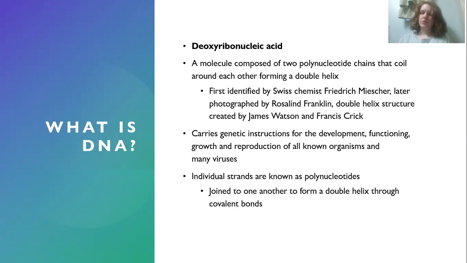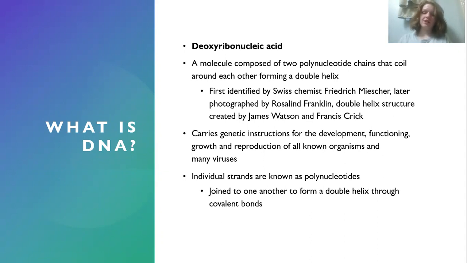These were first identified by Swiss chemist Friedrich Miescher back in the 1860s, but he wasn't the one who got most of the credit for this sort of thing. Later, they were photographed by Rosalind Franklin, who was a biographer. She also did not receive much credit for this. The two most famous figures ended up being James Watson and Francis Crick, who developed the double helix structure.